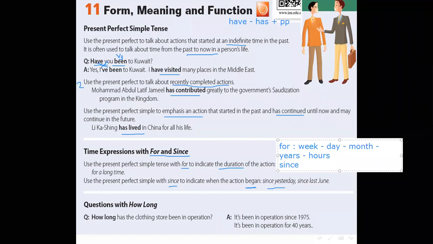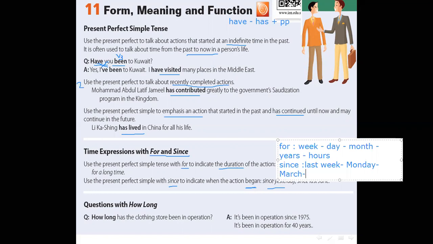Since is followed by a point in time. We can't say since 2 weeks. No, we say since last week. What about day? We can't say since 2 days. No, we should say since Monday, since Saturday. Months: we should say since June, since March, since July.